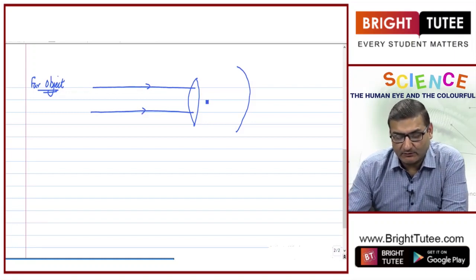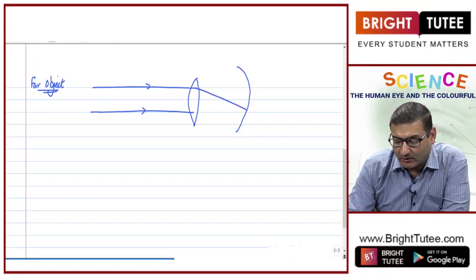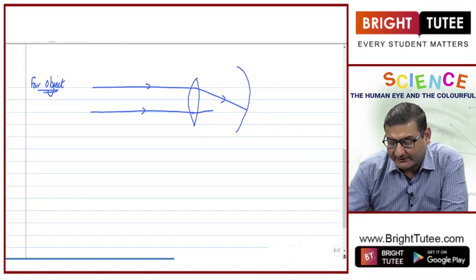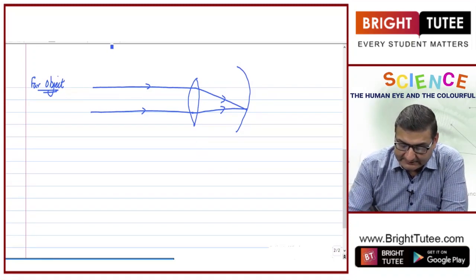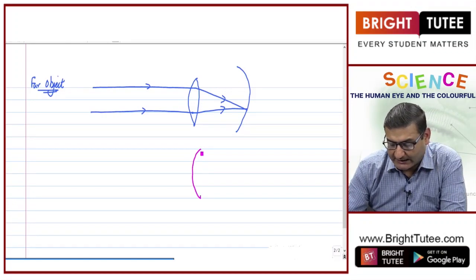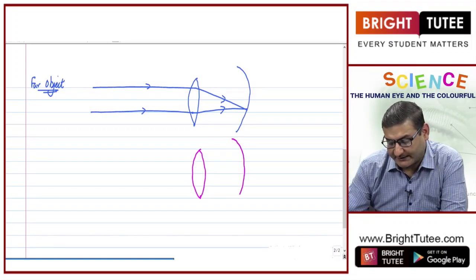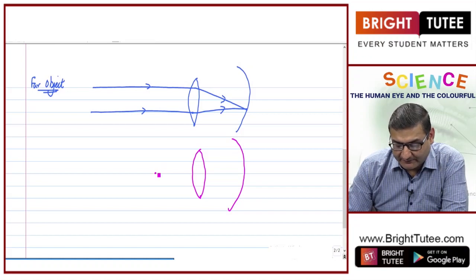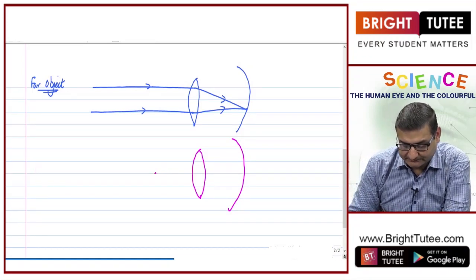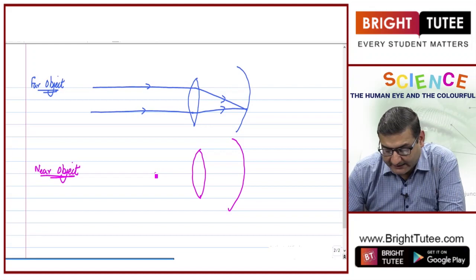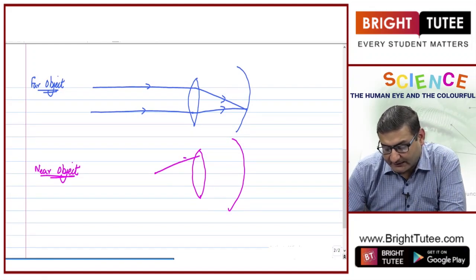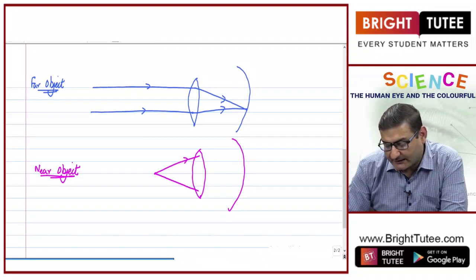Our eye lens will bend or converge these light rays such that the image is formed on the retina. Similarly, if there is a near object, the rays will be coming in a diverging manner.